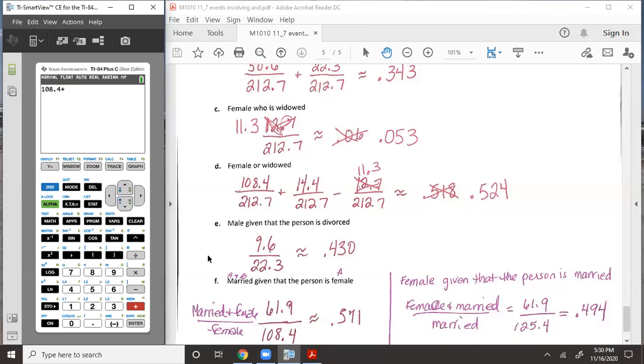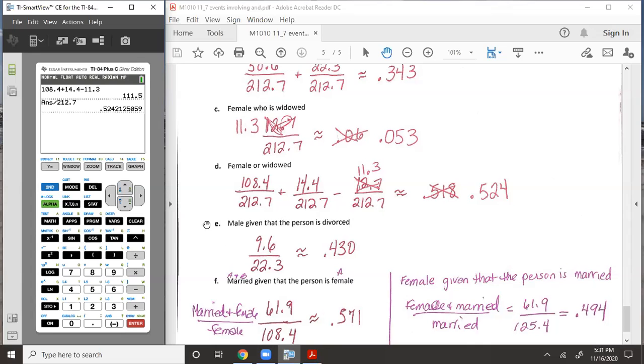So we have 108.4 plus 14.4 minus 11.3. We have 111.5. Then we're going to divide it by 212.7. And the answer is 0.524.